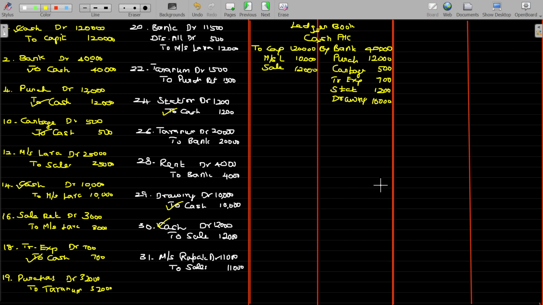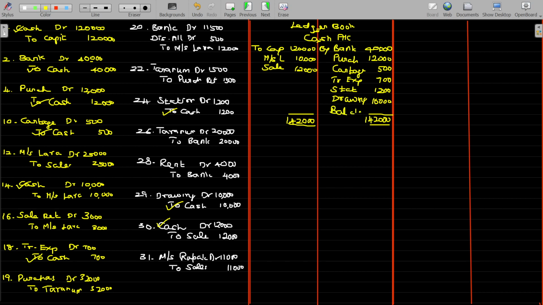Add up the total of these two sides, and the total will be higher in the debit side. So I will put that value here. The total value being 120 plus 10 plus 12, 1,42,000. Of course, in this question, they have asked only to post, not tally. Anyhow, I'll go for tallying also.